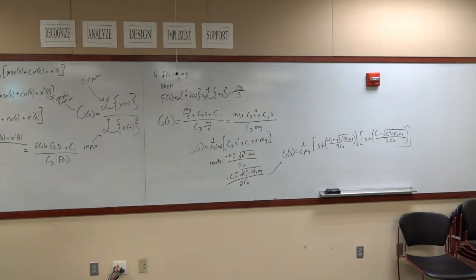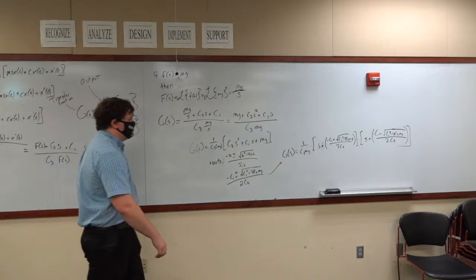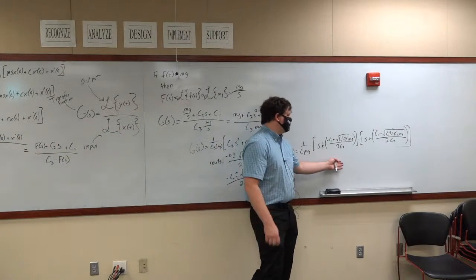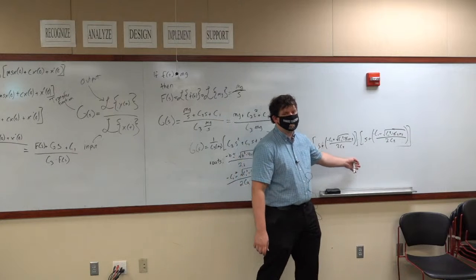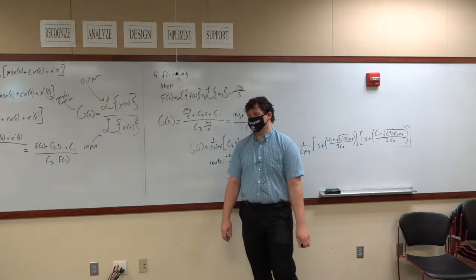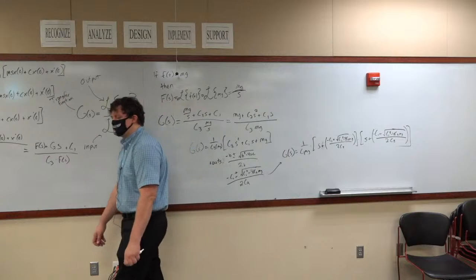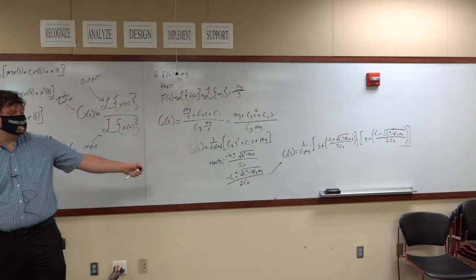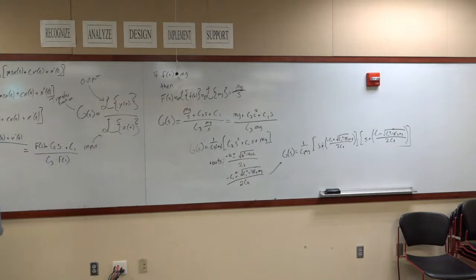So, giant equation. But taking the inverse Laplace transform of this would be very simple. The reason why we play around with math and Laplace transforms is that it gives something easy to solve. There are values for that in the table.